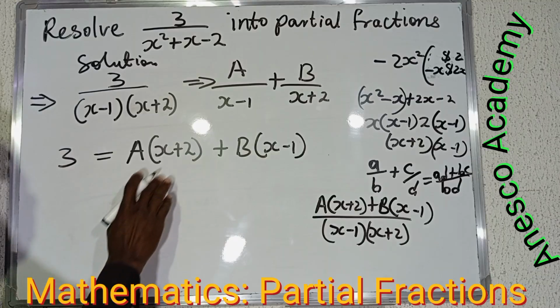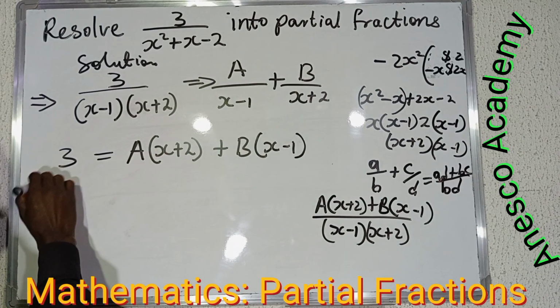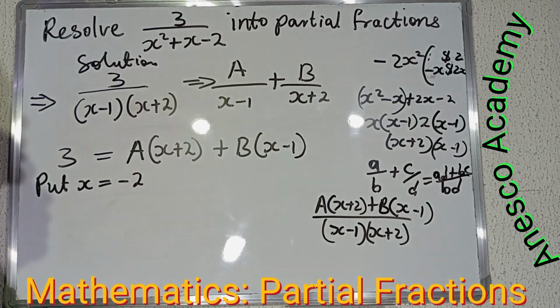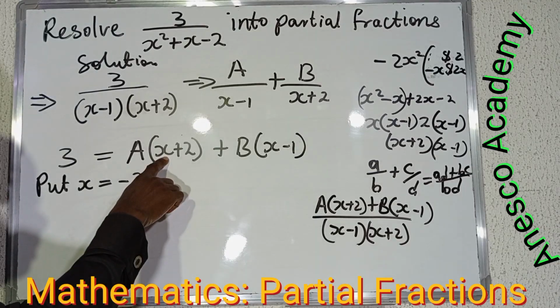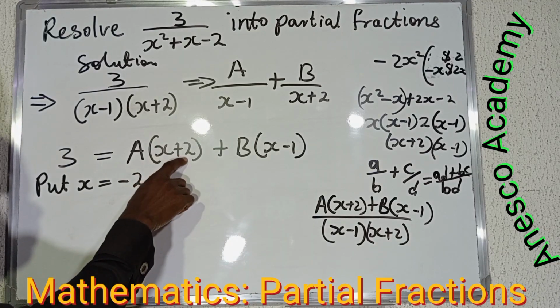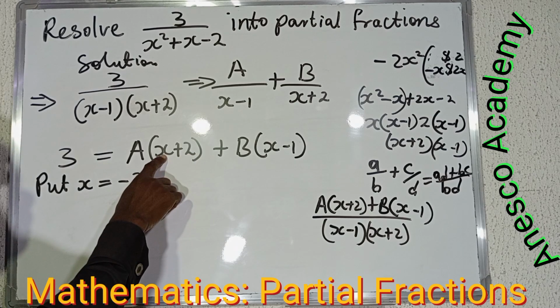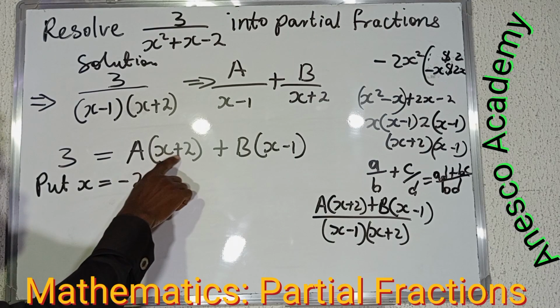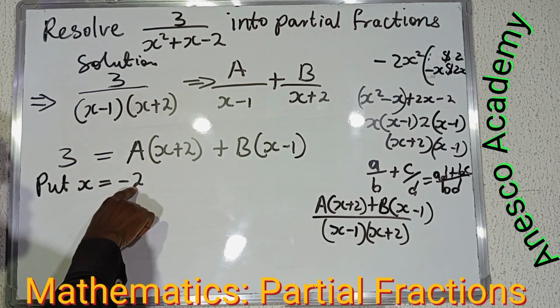Okay, so the next thing is we put x equals minus 2. How did I get the minus 2 from this place? I make x the subject of the formula. When you have x plus 2, to make x the subject, the 2 goes to the other side to become minus 2.